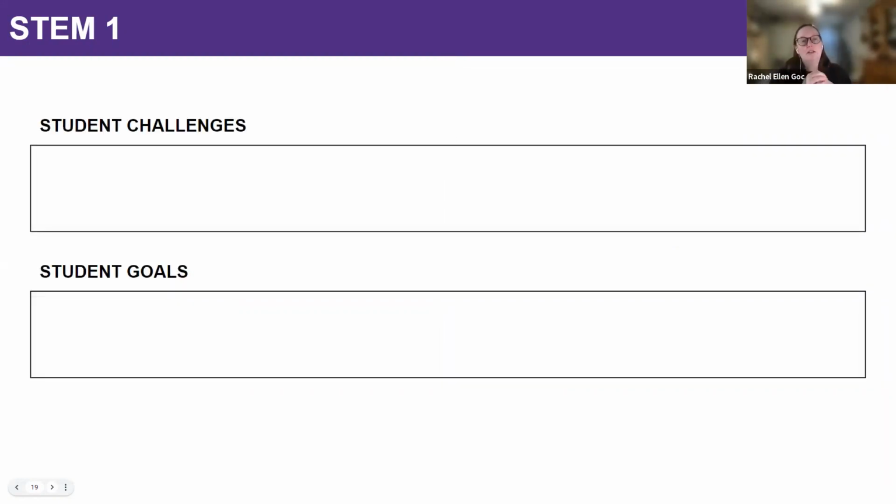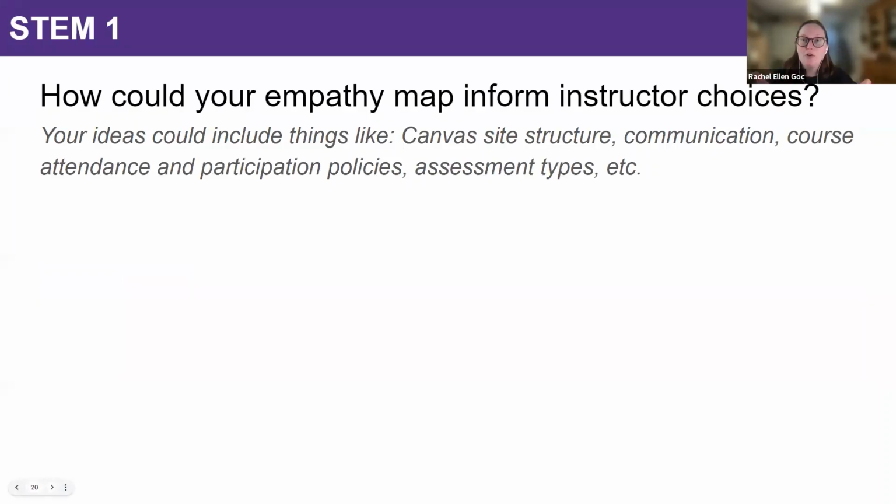Oh, yes. And please include then, what are some of the student challenges? So it might be motivation, it might be time management. There are a million of them, right? And then what are the student goals for your course? So think through those, and then try and think about, how could your empathy map inform your choices?